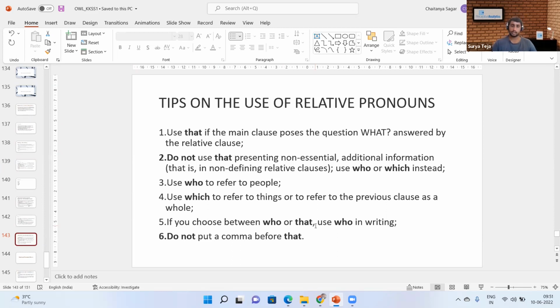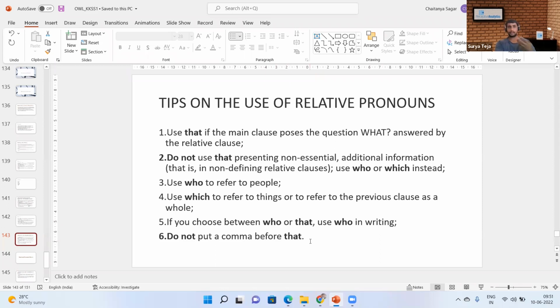But if you are communicating through written form, who will be the appropriate one, because it gives more clarity. That still raises a question: what is that referring to? Is it the thing or is it the person? But who gives the full clarity that you are referring to the person. So in case of choosing between who or that, if it is writing, you use who.